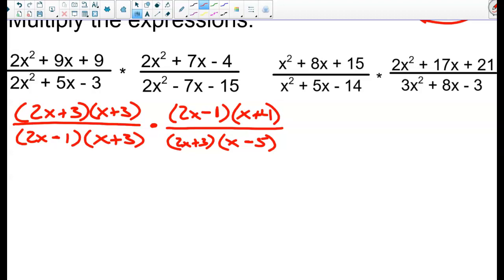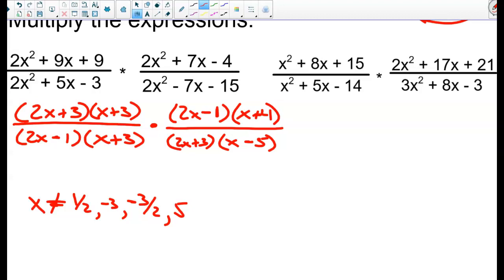Before I cross out, x cannot equal 1/2, negative 3, negative 3 halves, or 5. If you're not sure how I'm getting those numbers, take each parenthesis on the bottom and set it equal to 0, and then solve.